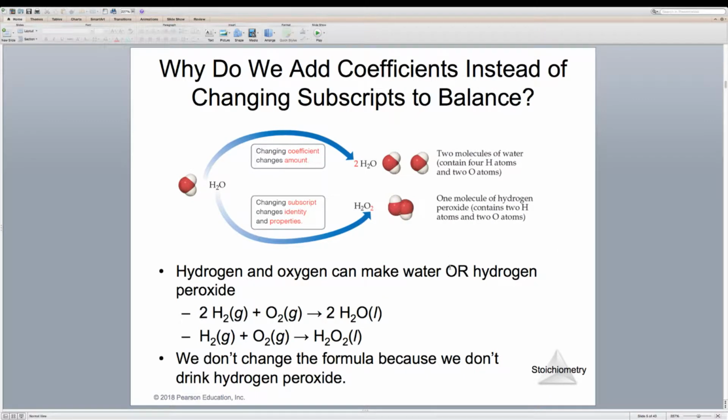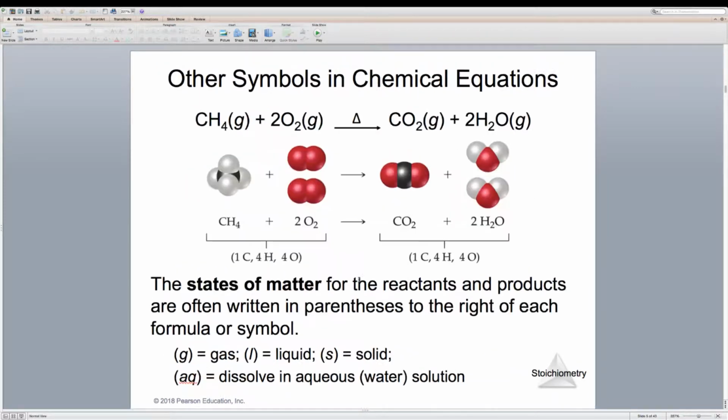The reason why we use the coefficient instead of the subscript is because a subscript will change the identity of the compound or element, and we do not want to do that. We want to change the amount of a specific compound or element, not change its identity.